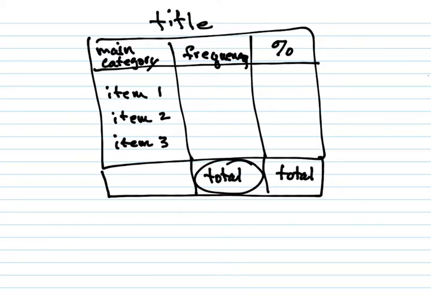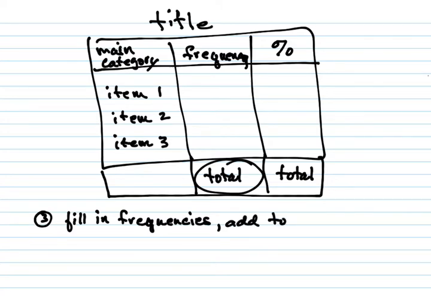If you don't have a frequency total, then you can't find the percentages. Right? So after you've created your table, your third step is to fill in your frequencies. Okay. And add to get your total.